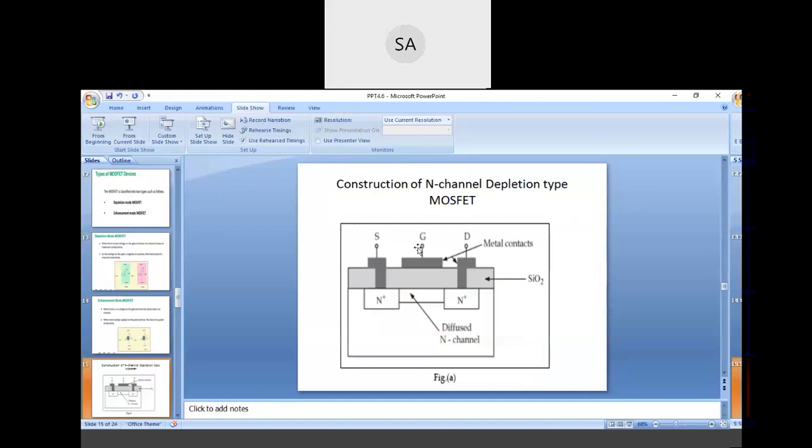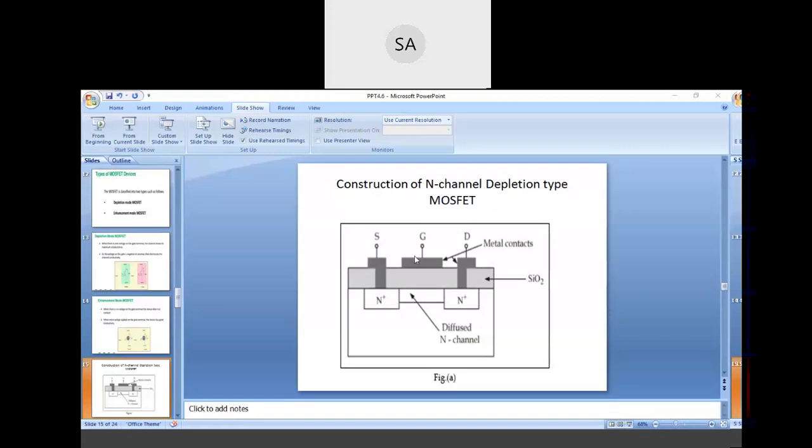This shows the construction of the N-channel depletion type MOSFET. We take a lightly doped P-type silicon substrate, and heavily doped N-type regions are diffused into the P-type substrate. An N-channel is diffused between the source and drain, and an SiO2 layer is formed on the entire P-type substrate, which forms the oxide layer.